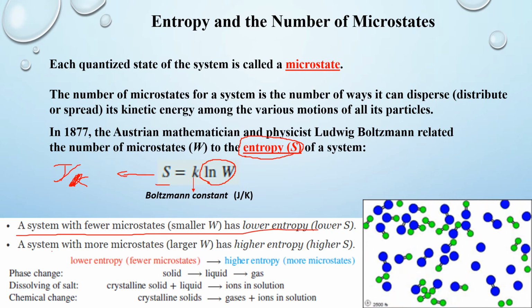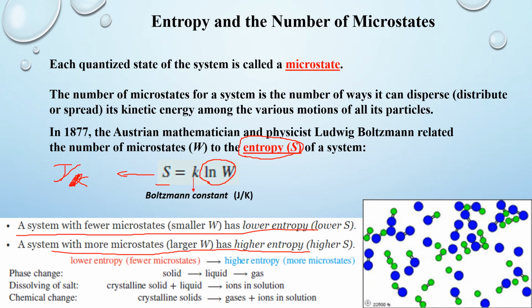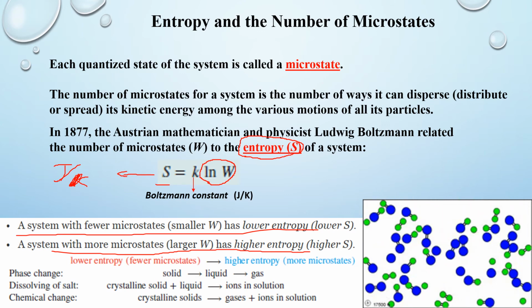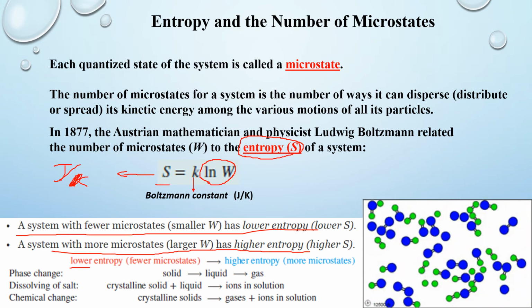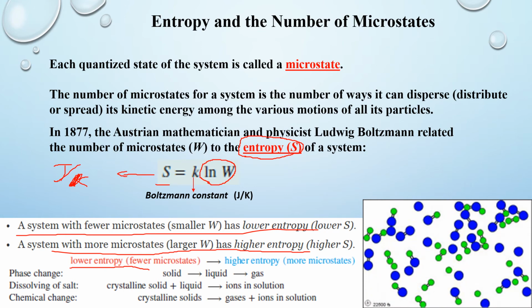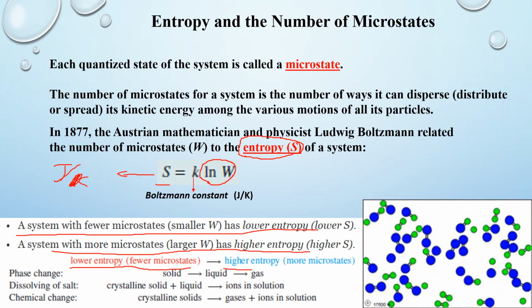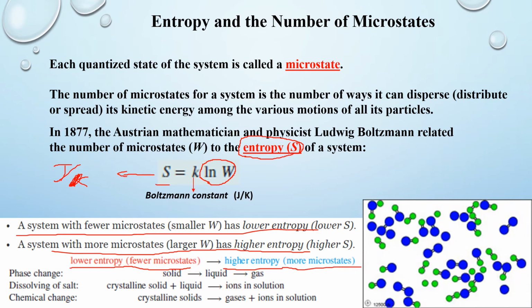More microstates, higher entropy. So for spontaneous reactions or changes, the system starts with a lower entropy, or fewer microstates, and ends up with higher entropy, or more microstates.